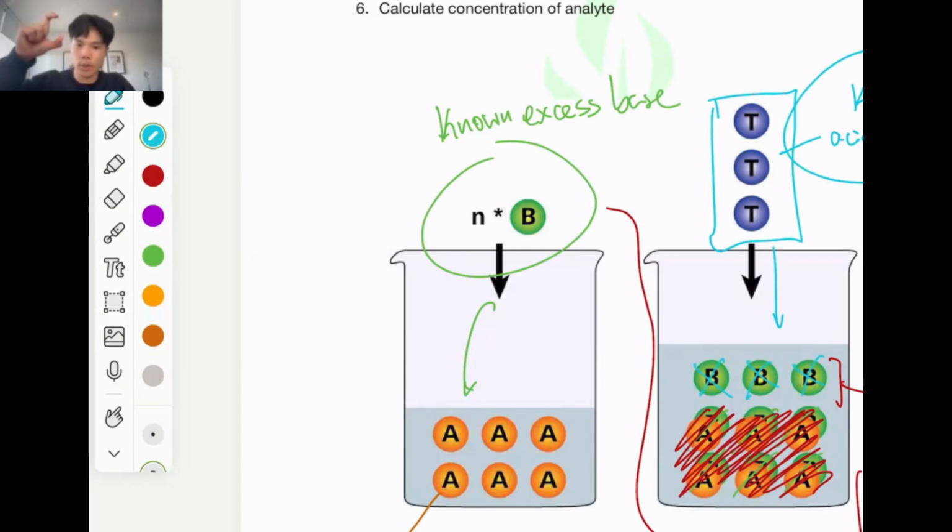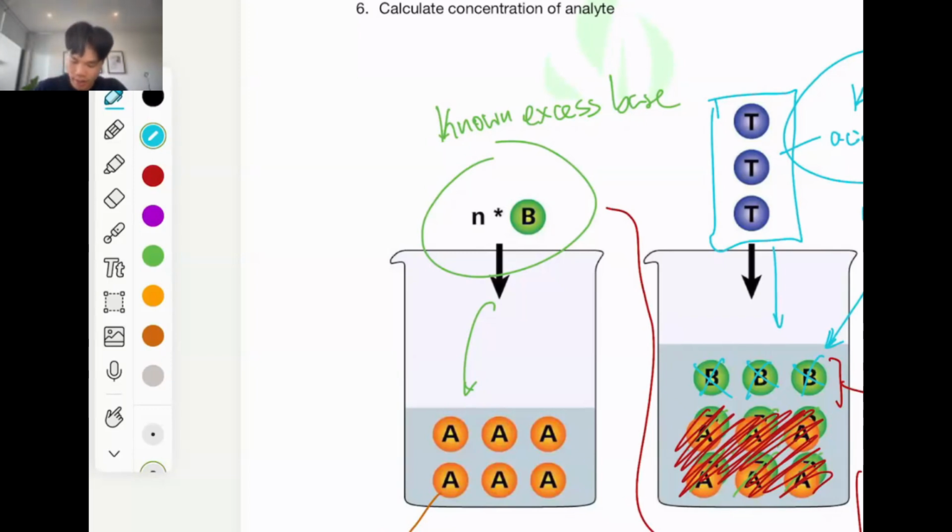If you know that volume and concentration of acid, you can find the moles, which allows you to find how much base you neutralized. And if you know how much base you neutralized, then you can know how much excess of the known excess you have.